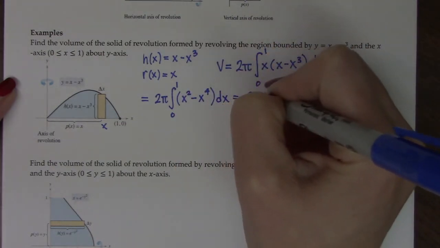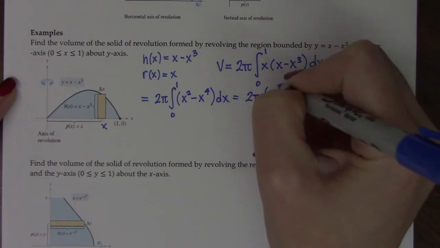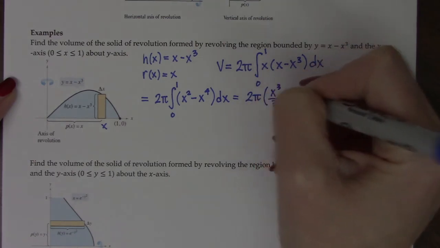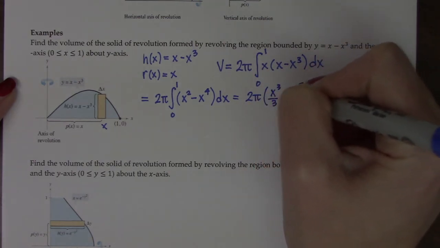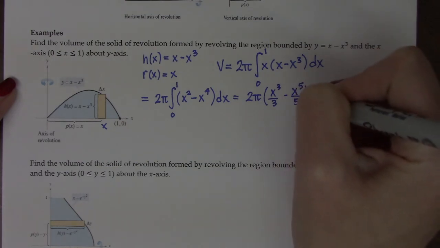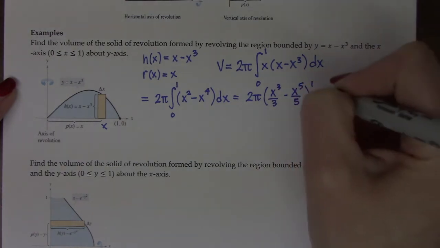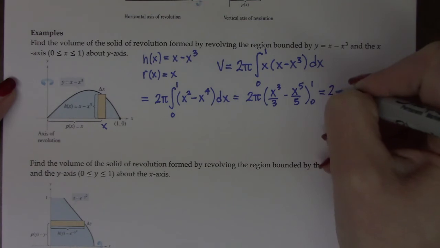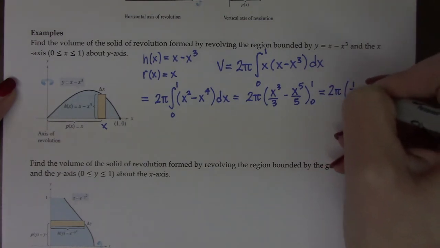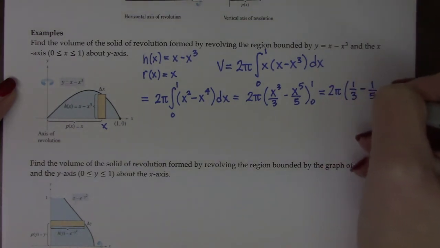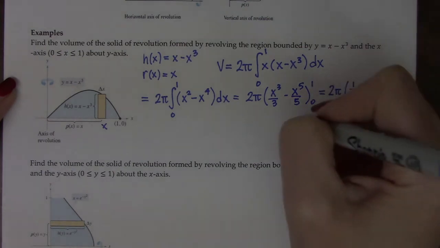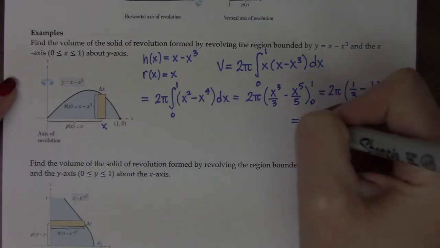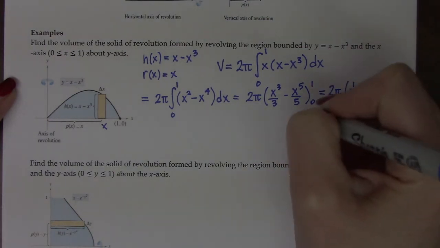So this is going to work out to be 2 pi times x cubed over 3 minus x to the 5th over 5 from 0 to 1. And I only need to plug in 1. And so this works out to be 4 pi over 15.